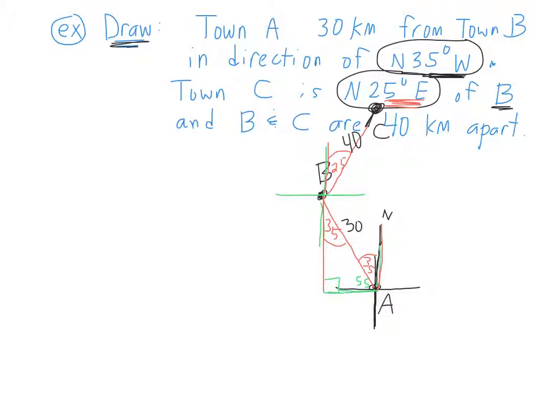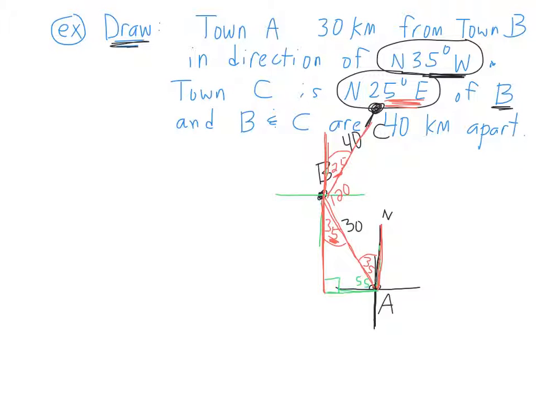These are parallel lines, so we would have alternate interior angles, all right? That's helpful because if we know that this angle is 35 and this angle is 25, they add up to 60, which means this angle on the inside must be 120, since this is a straight line, and all these angles must add to 180. So we're just using some basic geometry facts there, okay?